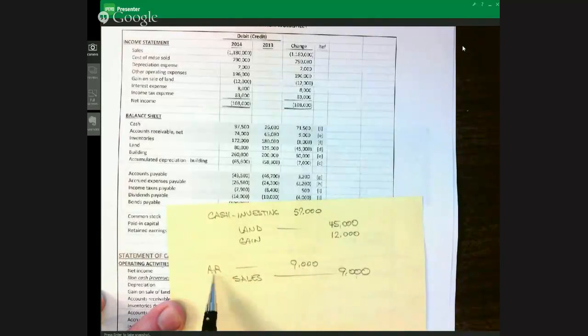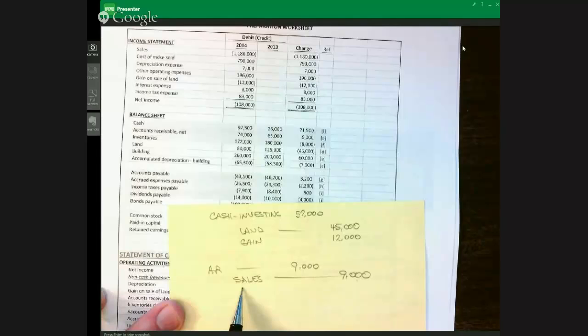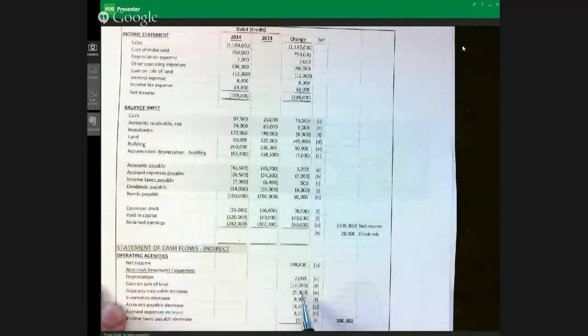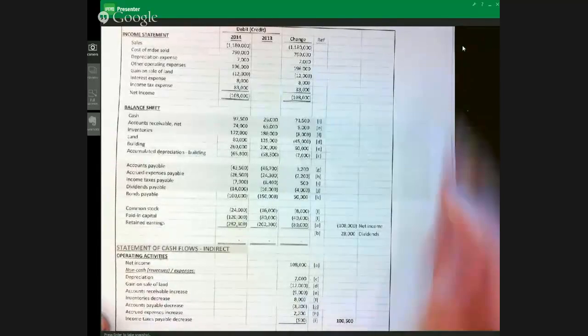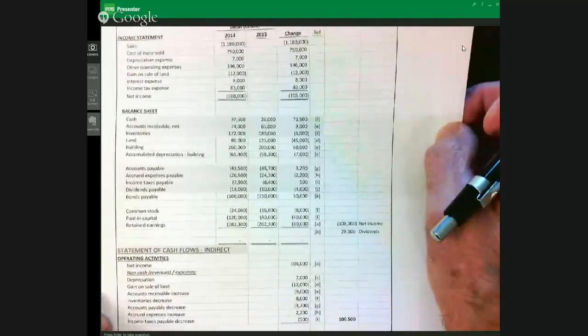If you would examine this journal entry and ask the question, how much did cash change because of making a sale on account, your response would be cash did not change because there is neither a debit or credit to cash in this journal entry, so a sale on account does not affect cash flow. But because it affects net income, we must adjust net income downward for the non-cash revenue that's reported on the income statement from selling to a customer on account.